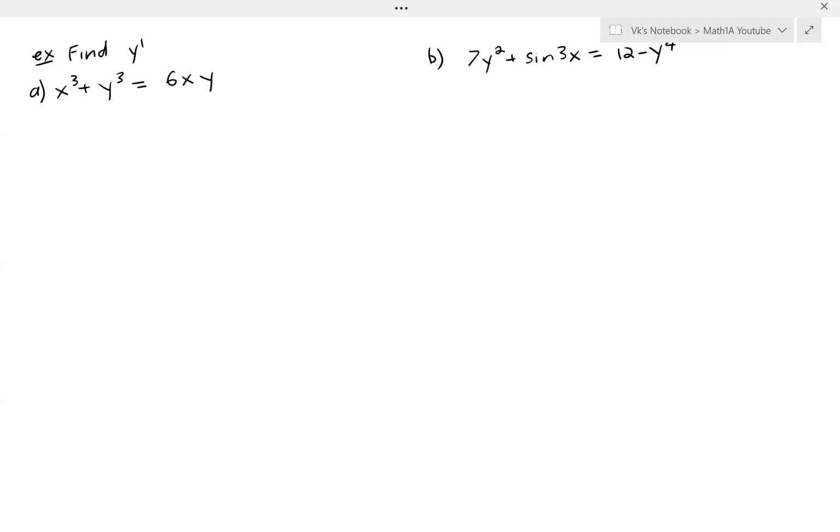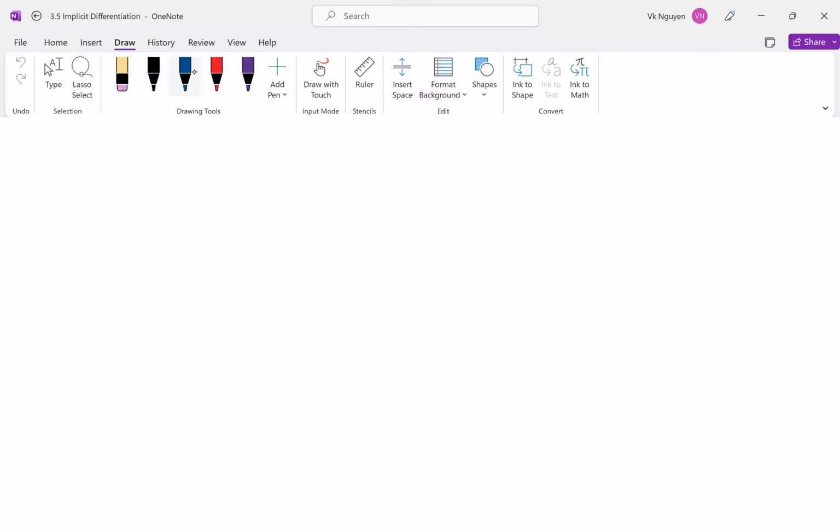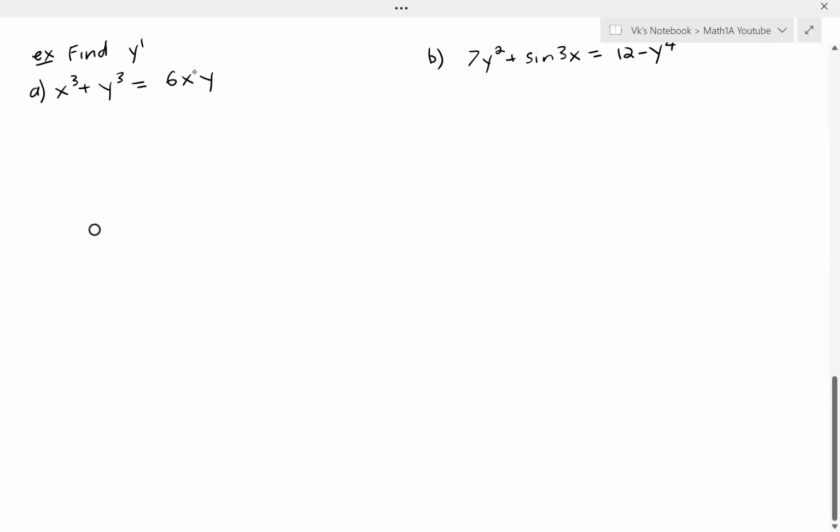Example, find y prime. A: x to the 3 plus y to the 3 equals 6xy. To do this, we differentiate both sides with respect to x. Derivative of x to the 3 is 3x squared. Derivative of y to the 3 is 3y squared times y prime.